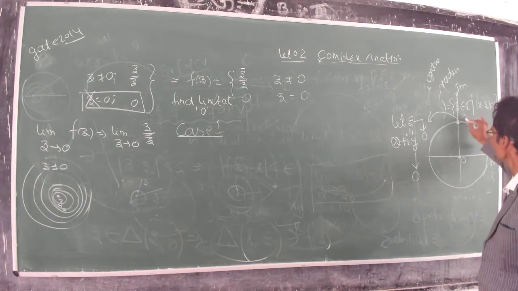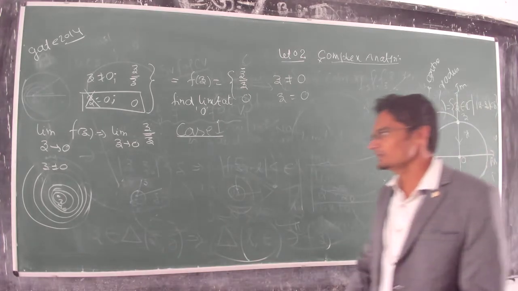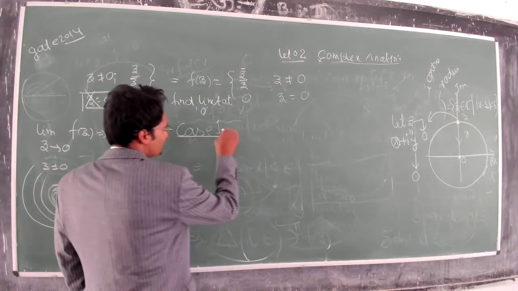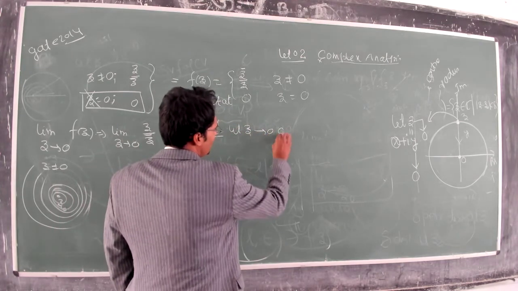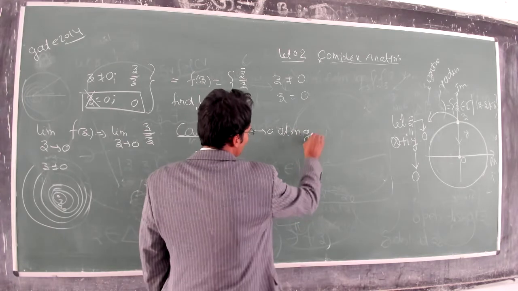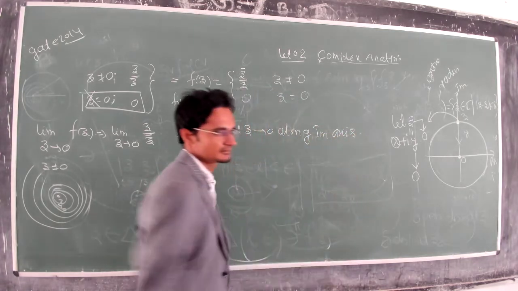So, case 1: let g tend to 0 along the imaginary axis.